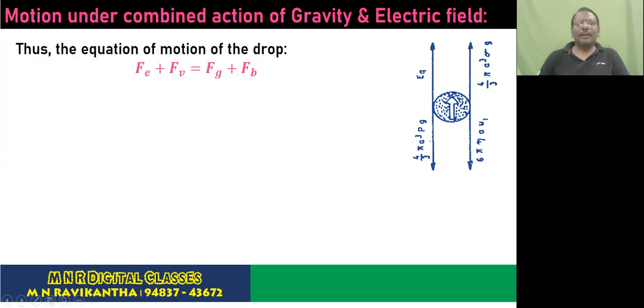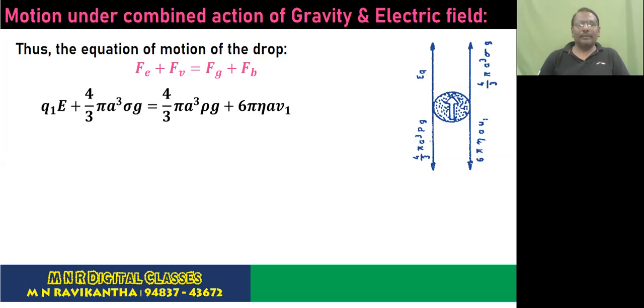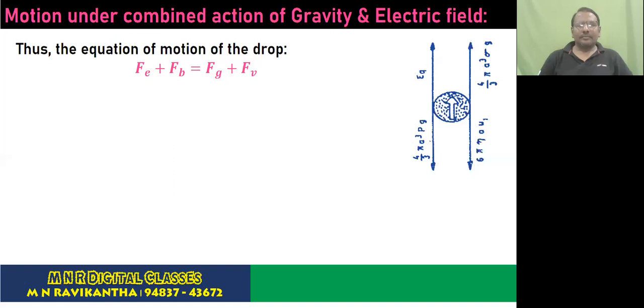Now, from the free body diagram, it is clear that the equation of motion of the drop is given by Fe plus Fb is equal to Fg plus the viscous force. So there is a correction. It is corrected now: the sum of the upward forces is equal to the sum of the downward forces.